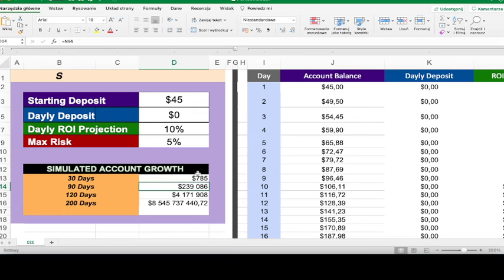After 90 days, it should be 239,000. After 100 days is 4 millions, and here 200 days. Nice numbers here. From 45 on start, I hope we'll have someday that level.